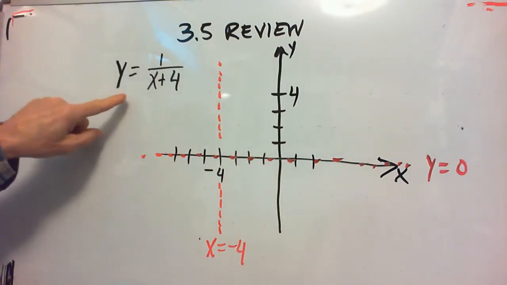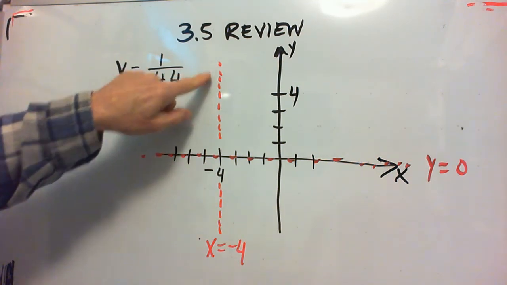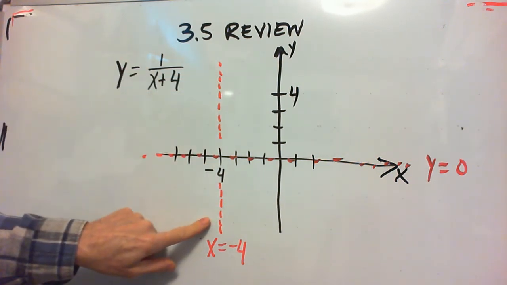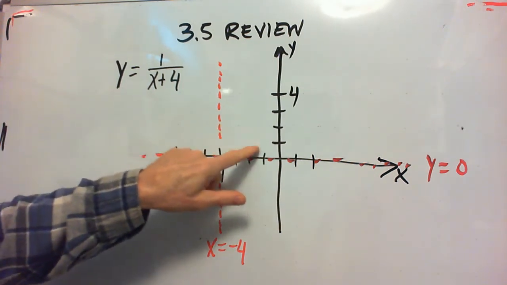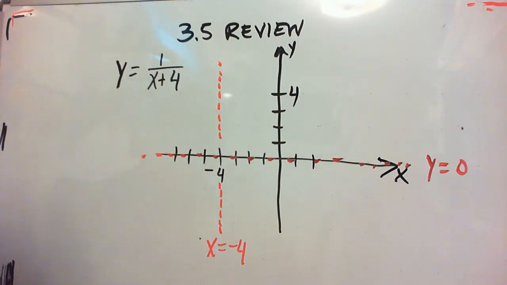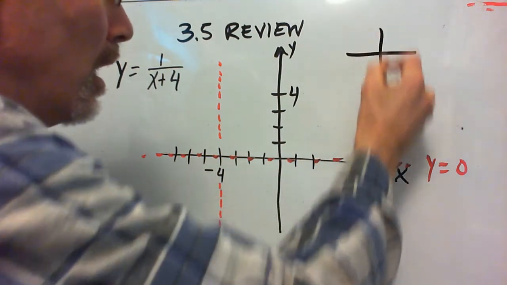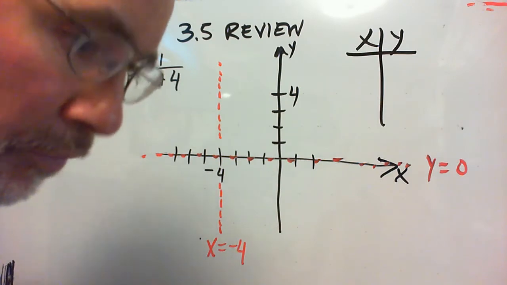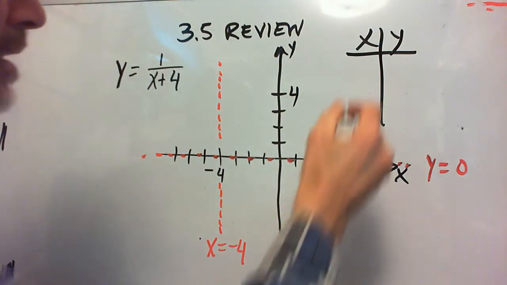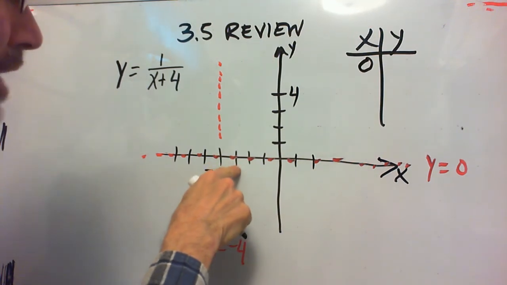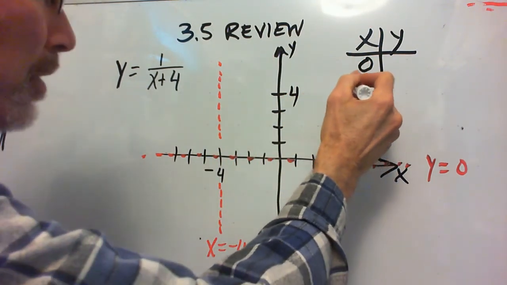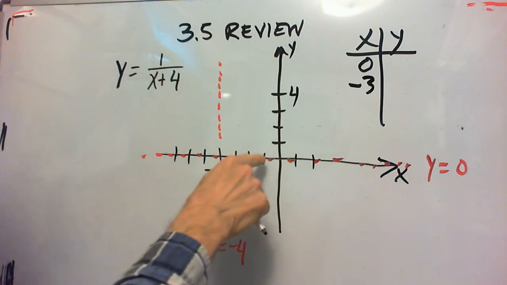So here I've plotted x equal -4. I've plotted y equals 0. Now we just need to find a couple more points on each side of x equal -4. You like to put one x value near the vertical asymptote and one value a little bit away.